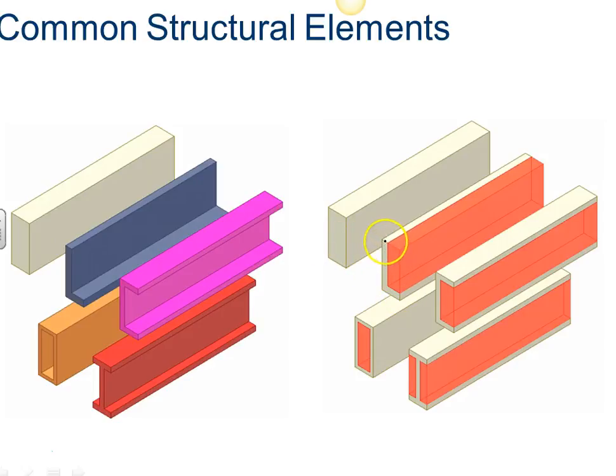This is derived from this, it's just got a section removed from it. Same thing with the box, the center is removed from it. A C or an I-beam is going to be the same way. We still have a rectangular area on the end of this beam, but we have sections removed from it.